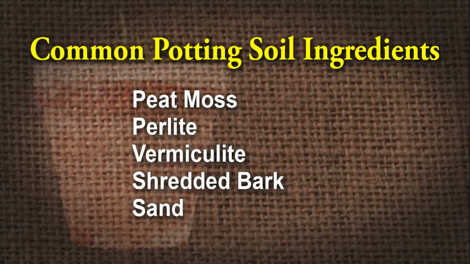I didn't bring any today, but other things that you might commonly see in your mixes would be shredded barks, sand even, and in some cases, some more unique products like coconut fibers, and things of that nature. So a lot of different base products that go into making some of these specialty mixes.